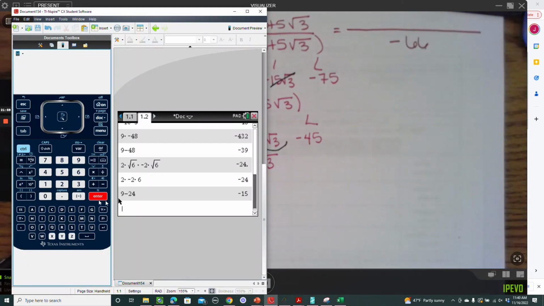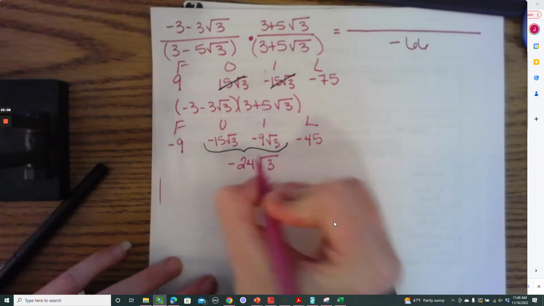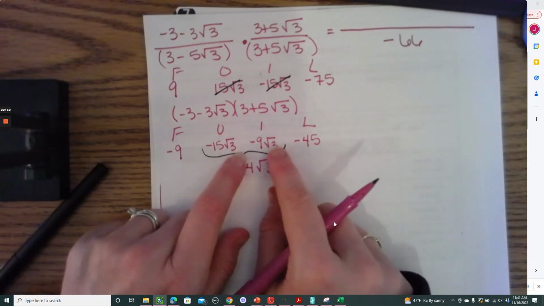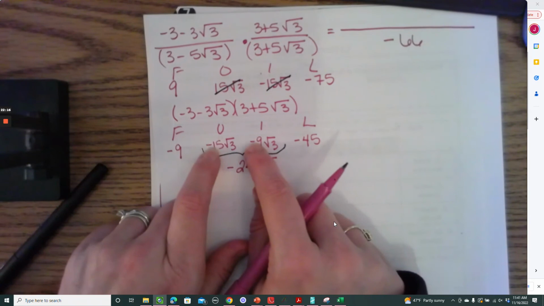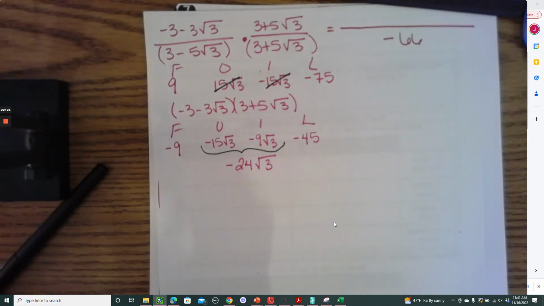I can combine the coefficients. Negative 24. This is the only time that you can add or subtract radicals, is if the number underneath that square root is the same. You can add the numbers that are in the front or subtract the numbers in the front. It's the only way you can add or subtract radicals.